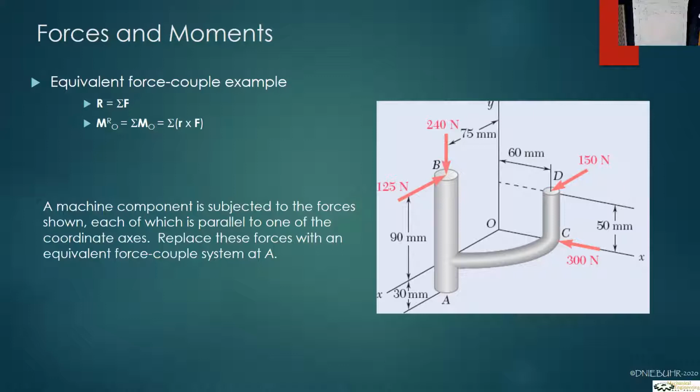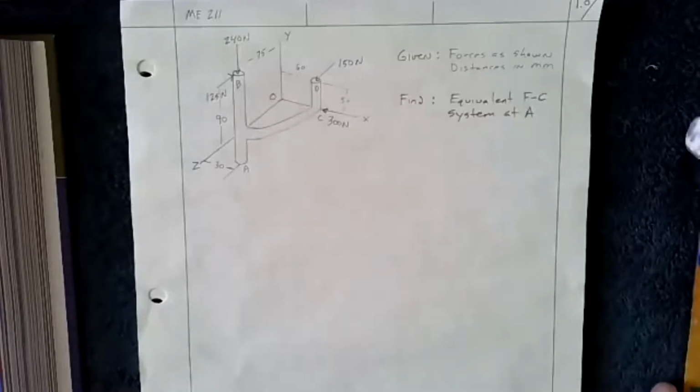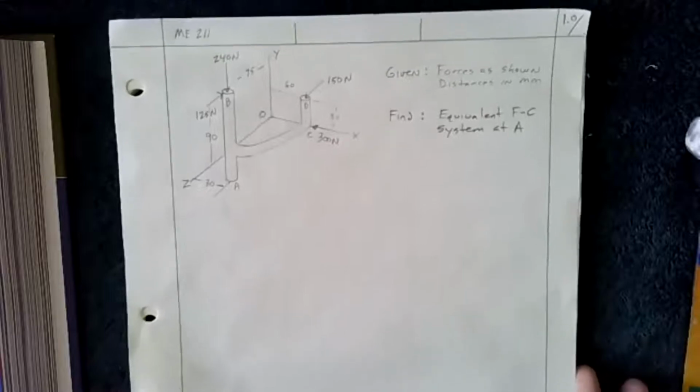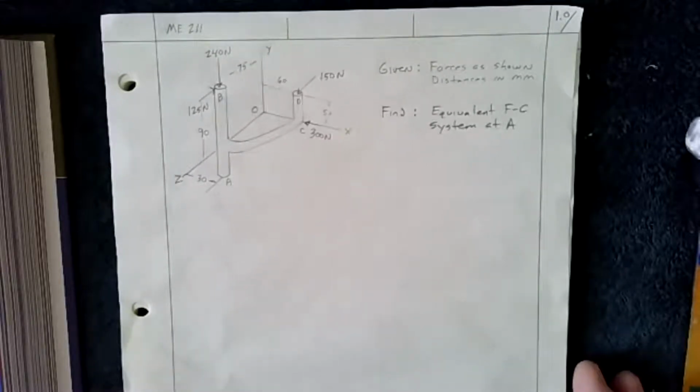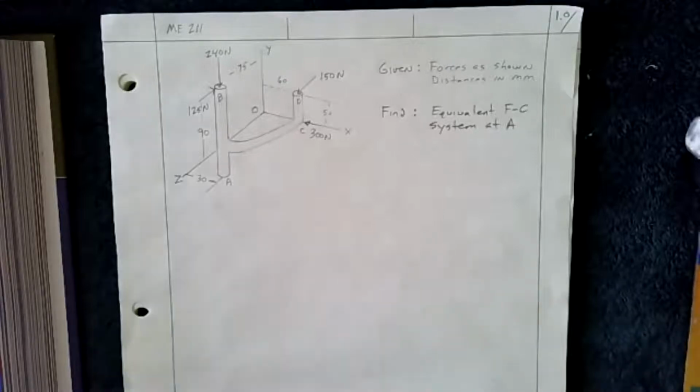I find using r cross F works well, because then you know that's going to work in any situation where the direction of the force isn't as clear cut as this. So here we have our system, and hopefully you took a moment to draw it yourself. If not, then rewind the video and look at that. And then let's go ahead and solve it.